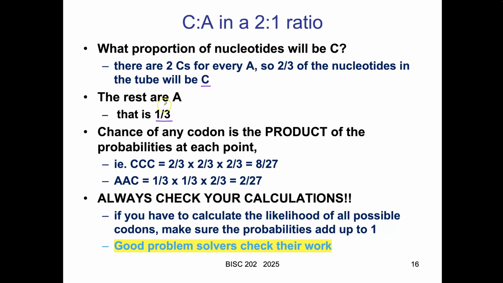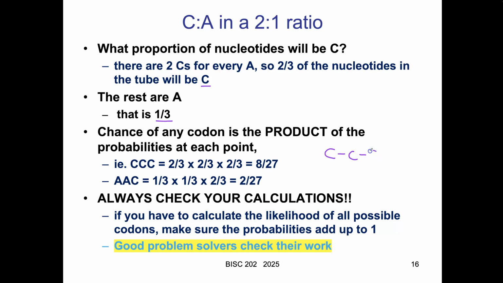And so when we're trying to figure out the chance of any particular combination, it is going to be the product of the probabilities. So the idea is, what is the chance that the enzyme grabs a C? It's going to be 2/3. And then what's the chance that the next nucleotide it adds is a C? That's going to be 2/3. And then what is the chance the next one is going to be a C?